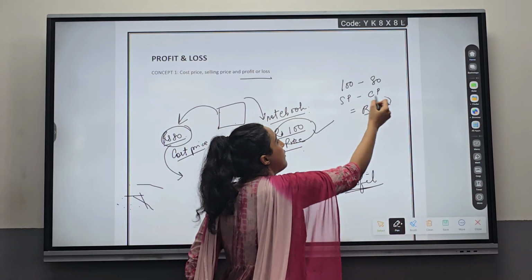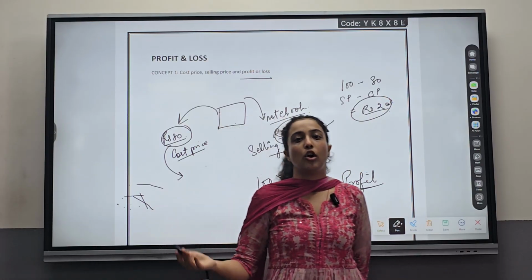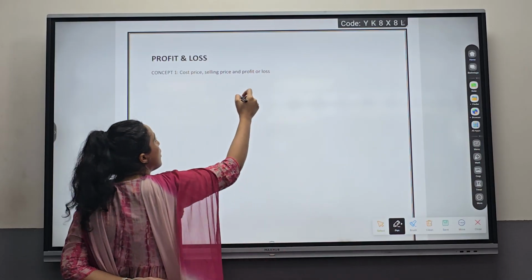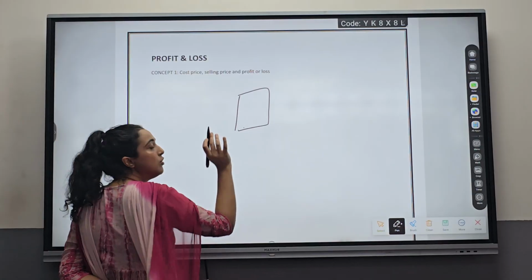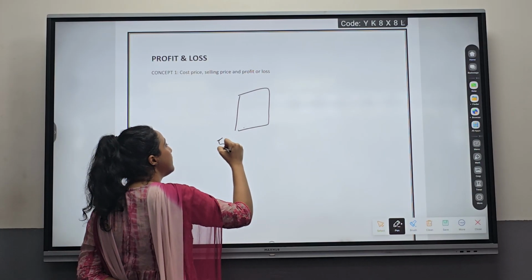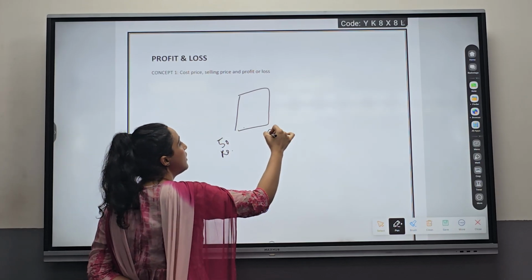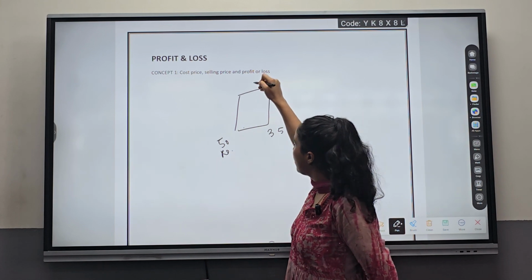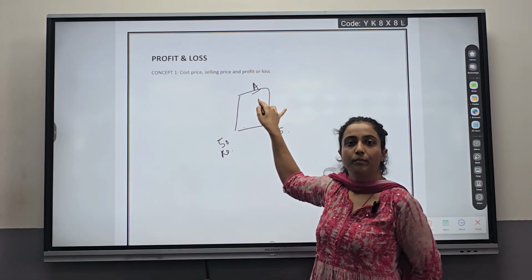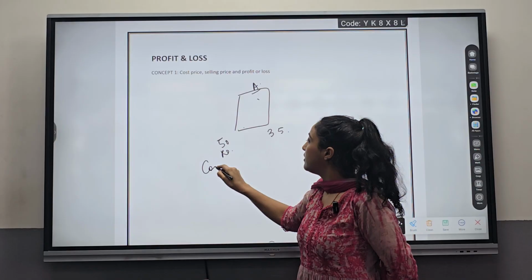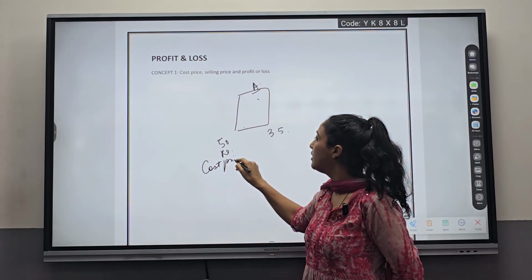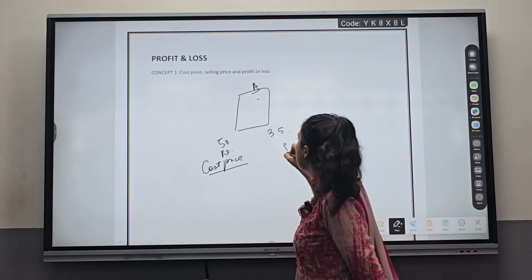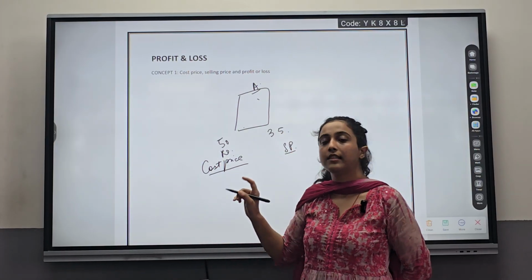Now, when profit is defined, you can also incur a loss in a transaction. What is loss? Let's say again you are a shopkeeper and this notebook was for let's say ₹50 and you sold it for 35. Now for you, this is your cost price. You purchased it for ₹50, but you are selling it for 35, less amount.